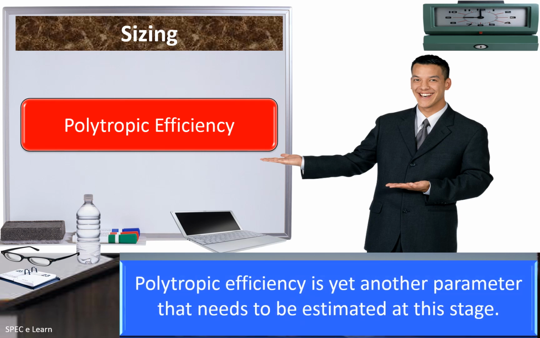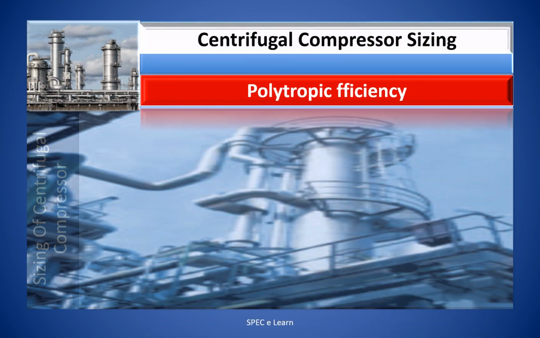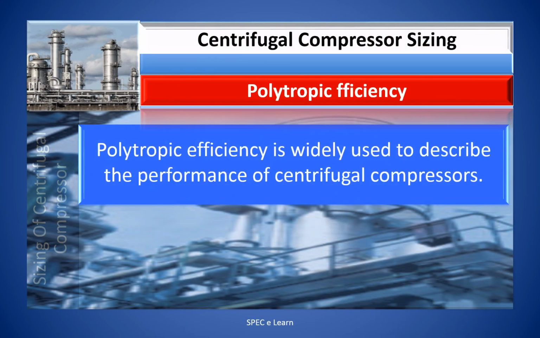Polytropic efficiency. Polytropic efficiency is yet another important parameter that needs to be estimated at this stage. Polytropic efficiency is widely used to describe the performance of centrifugal compressors.